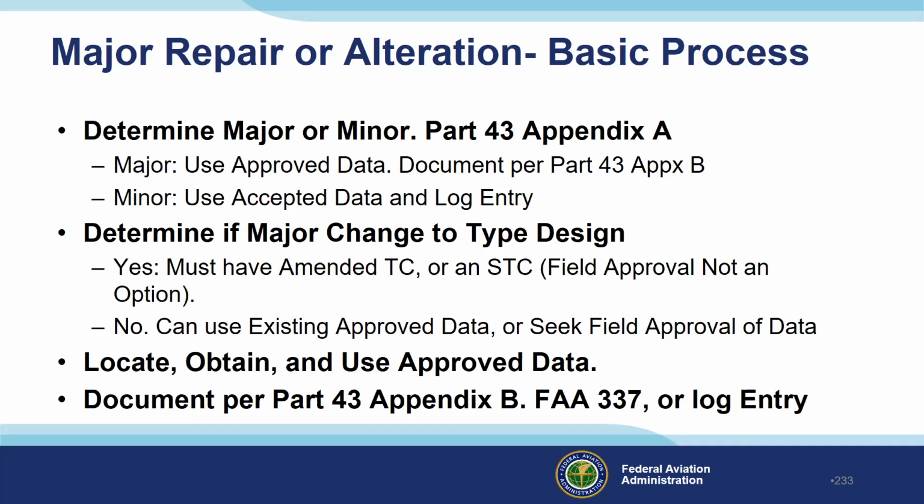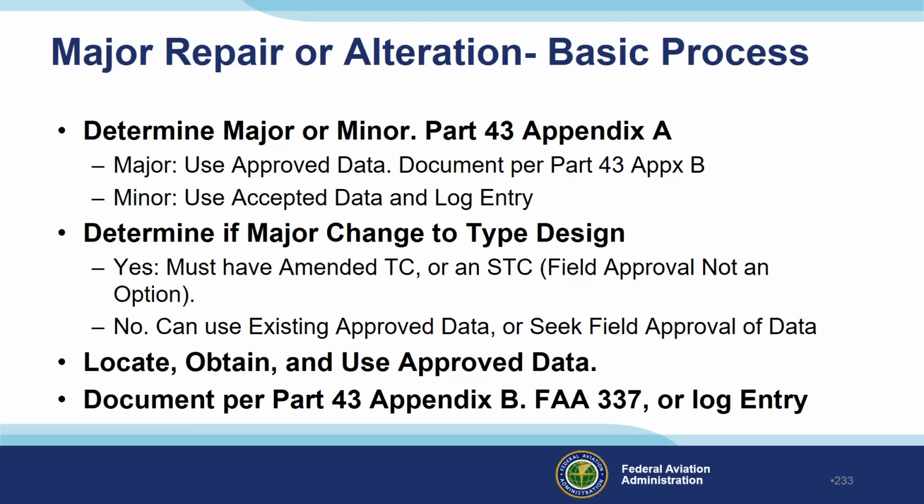If it's not a major change to the type design, then you can use the existing approved data, such as STC, even AC 43.13-1A and what was it, 2B, I think. I think those are also considered approved data now for Part 23 aircraft.